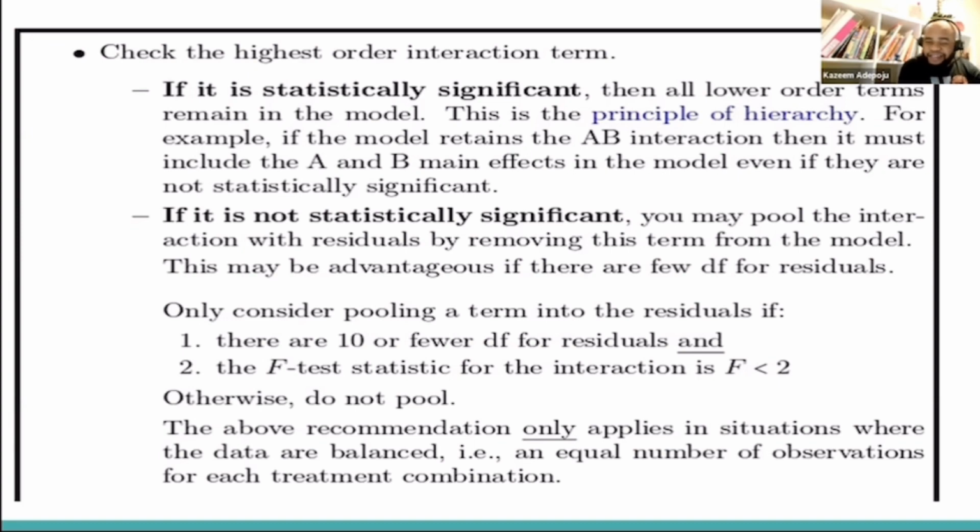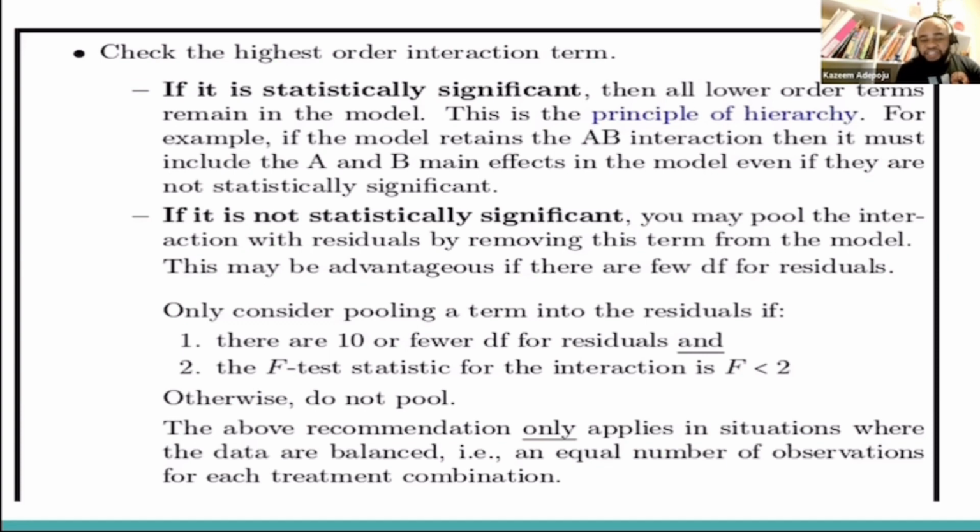If it is statistically significant, like for instance, if the higher-order interaction is significant, if I'm working with two-way analysis of variance with interaction, the moment the AB interaction is significant, then what that actually means is that we need to include the main effects of A and B in our model, even if the main effect of factor A and the main effect of factor B are not significant.